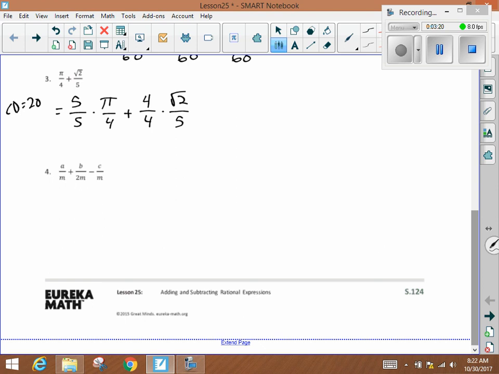Okay. So that gives me 5 pi over 20 plus 4√2 over 20, which, just like we did in number 1, we can rewrite as 5 pi plus 4√2 all over 20. And that's the concept.